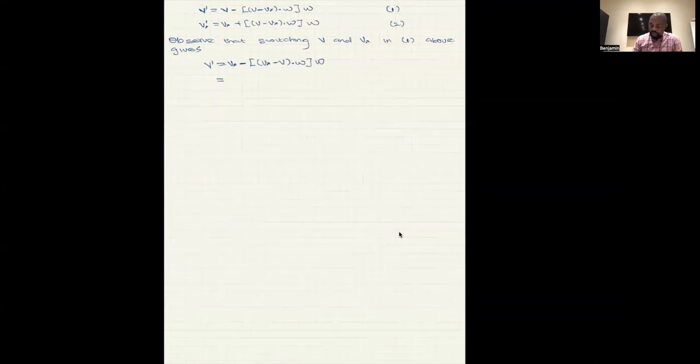This is equal to V star minus (V minus V star dot omega) times omega. This is also equal to V star plus (V minus V star dot omega) times omega, which is equal to V star prime from equation 2 above.